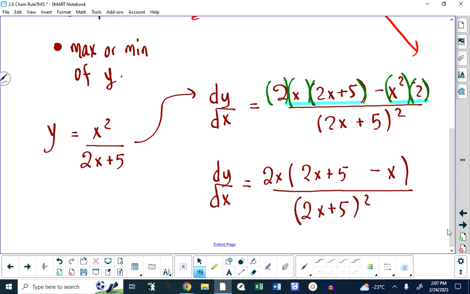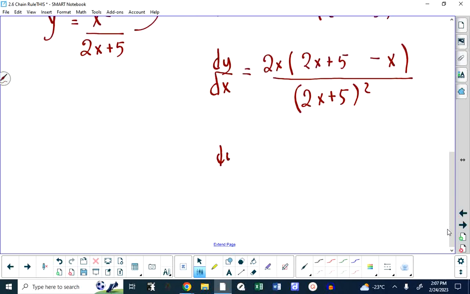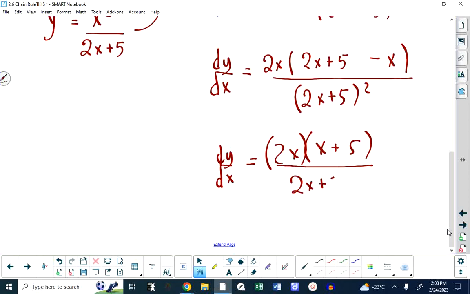And now I can clean this up, and I'm going to answer the question. I have 2x as a factor and x plus 5 as a factor, because I have 2x minus x in brackets, over 2x plus 5 quantity squared. And I want to point something out to you.